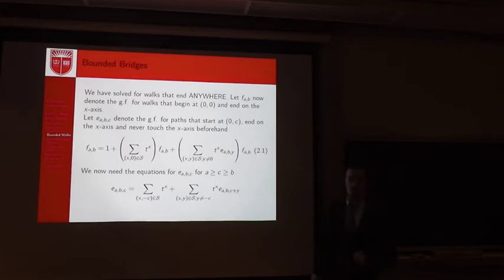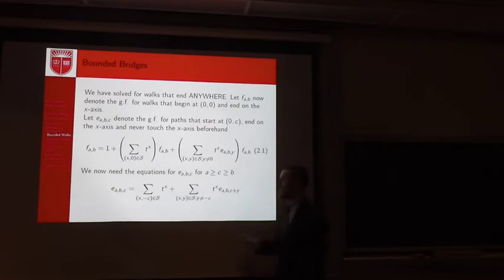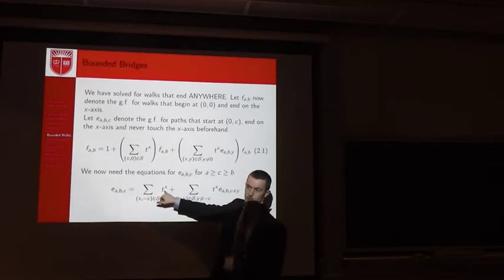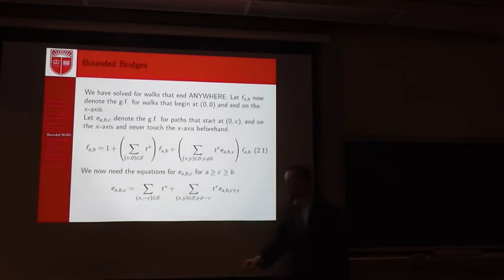Does that make sense? Nope. Okay, now we just have to describe E_ABC. So if it happens that we can take a step directly to the x-axis, then we take that step and we're done. Otherwise, we take every other possible step and we continue as another irreducible walk.